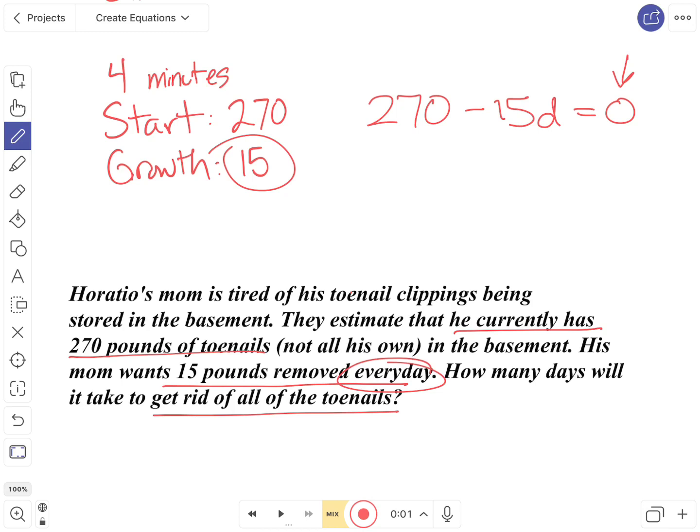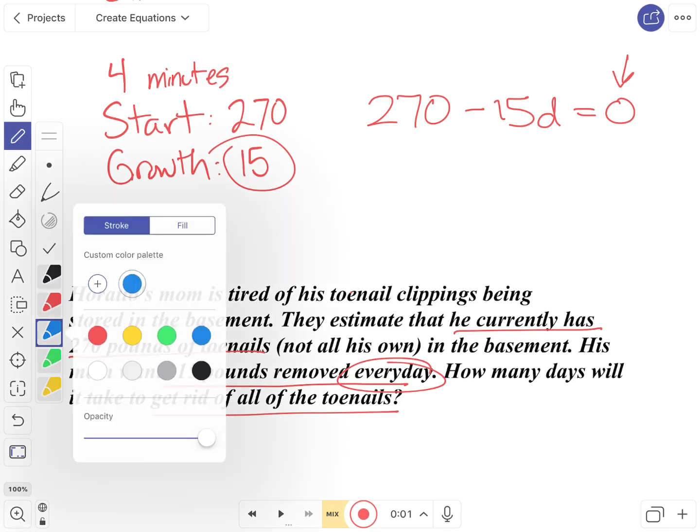So let's figure this out. So what are we going to do here? Okay, well, we've got the 270, right? There's two ways we can solve this, I guess I should say. Let me erase that. Okay, there's really two ways to think through this problem.